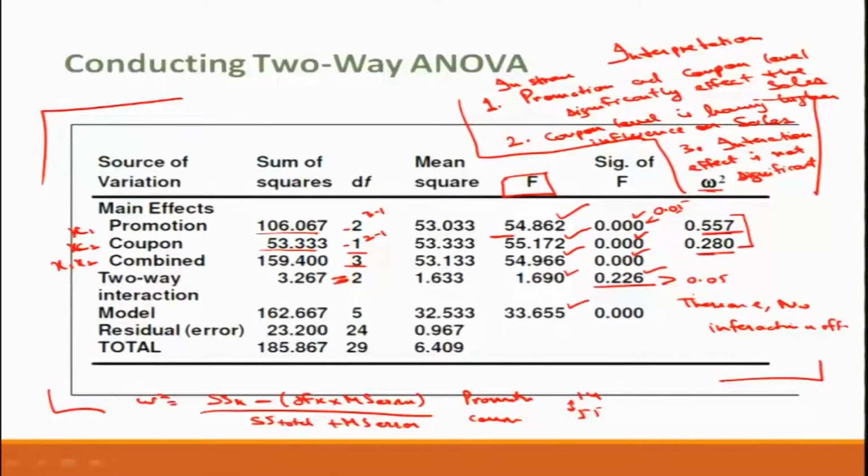So as a guide to interpret this, we can say that a large experimental effect produces an index of 0.15 or greater, and a medium effect produces an index around 0.06, and a small effect produces an index of 0.01.